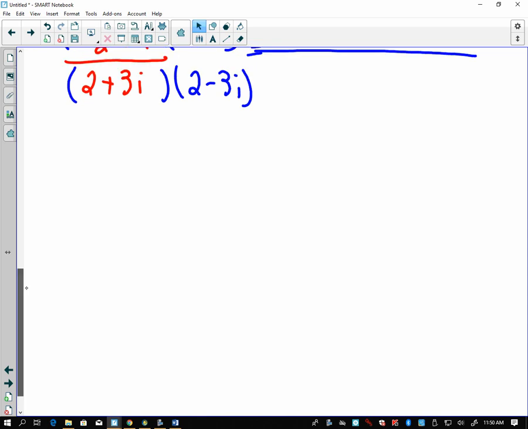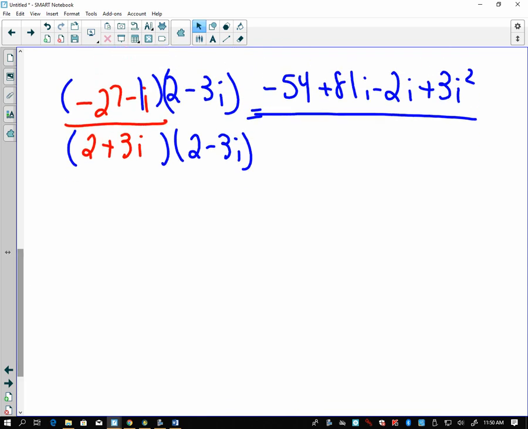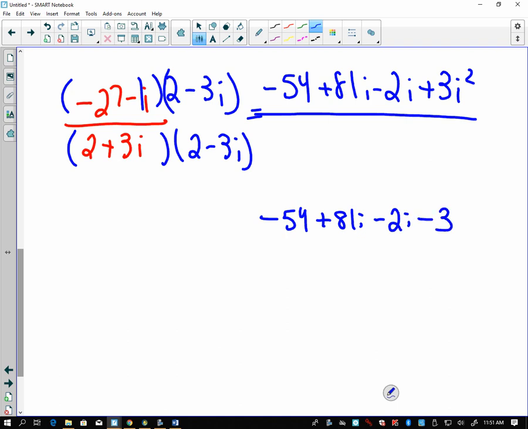Okay, and we can pull that down. Scroll up a little bit here. As we're looking at this, we can go ahead and combine some like terms. We got negative 54 plus 81i minus 2i, and that's going to be negative 3 because that i squared becomes negative 1.